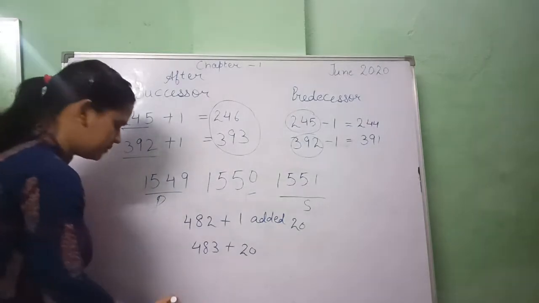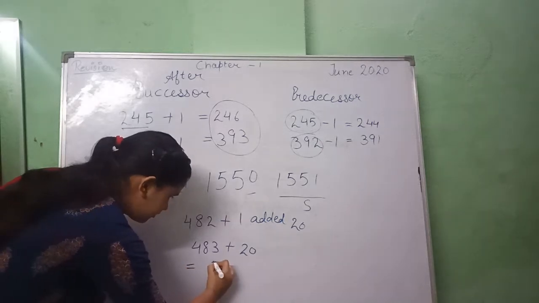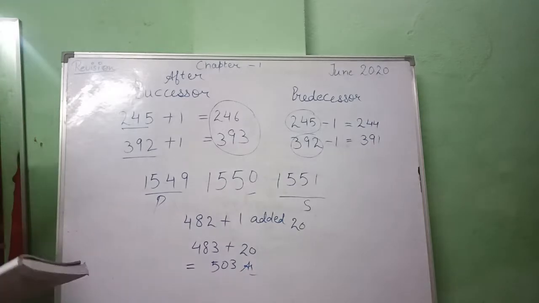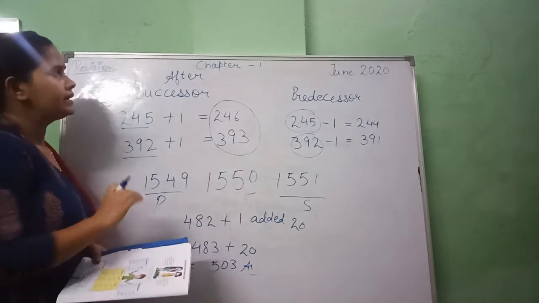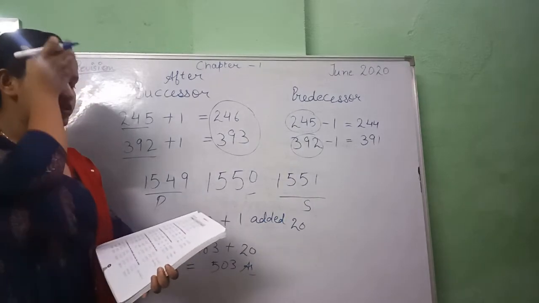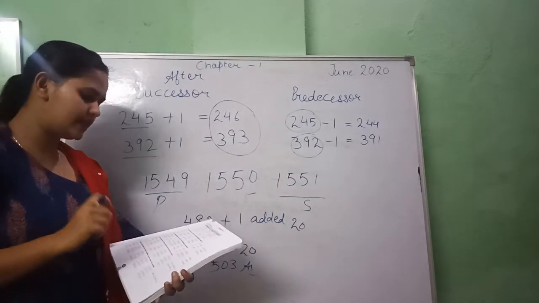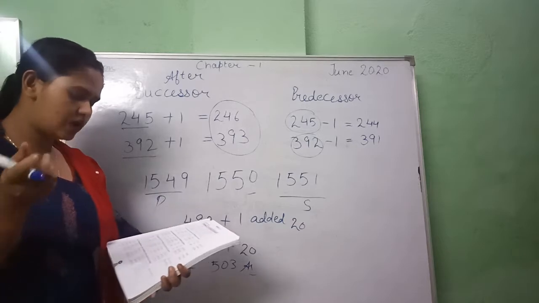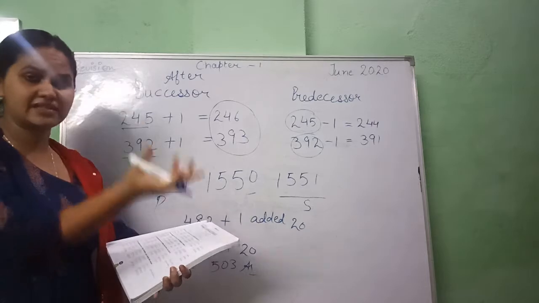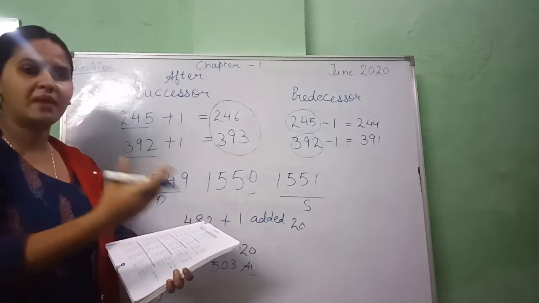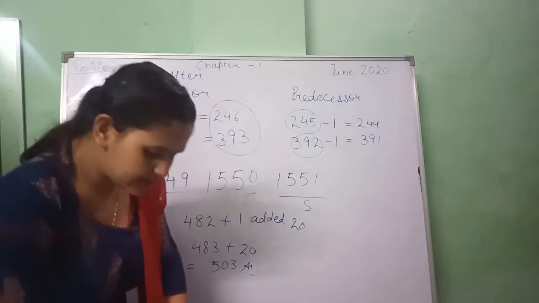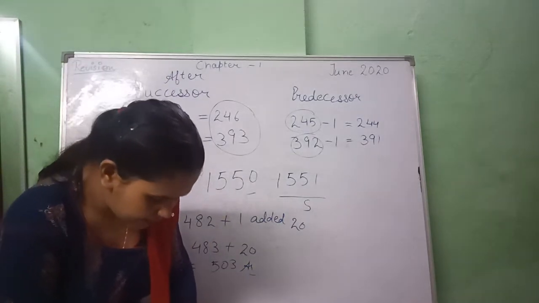You will add these sums and you will get the answer 853. This is your successor and predecessor. The second thing, which is exercise 1E, you can solve these sums. It's very easy to solve them, because you have to write the successor and the predecessor, which means you just have to minus it and plus it. So in this way we learned two different things today.